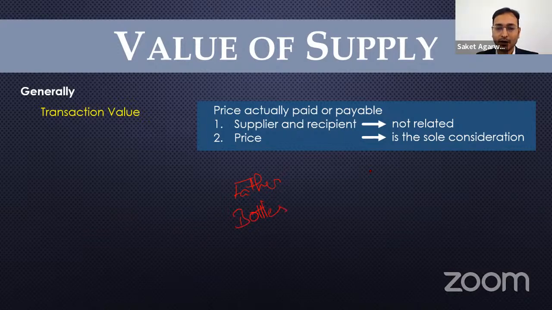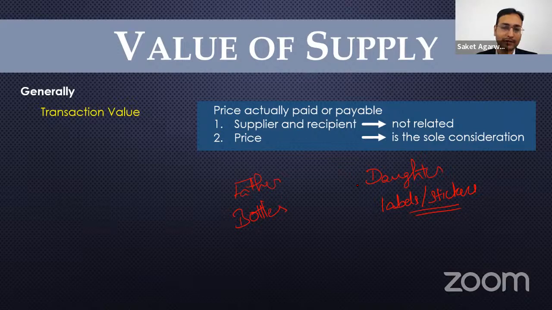His daughter is in the business of, let's say, printing labels or stickers. Father gives the contract for applying these labels or stickers on his bottles to his daughter.